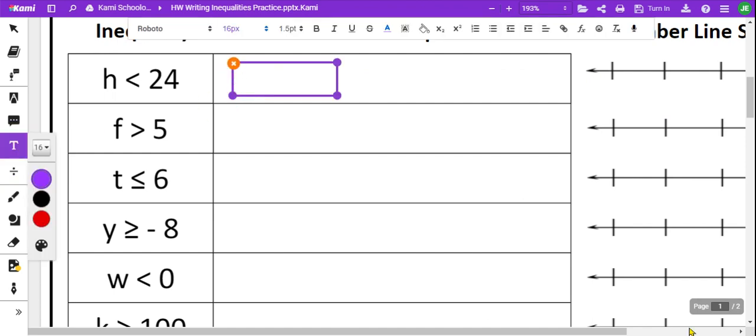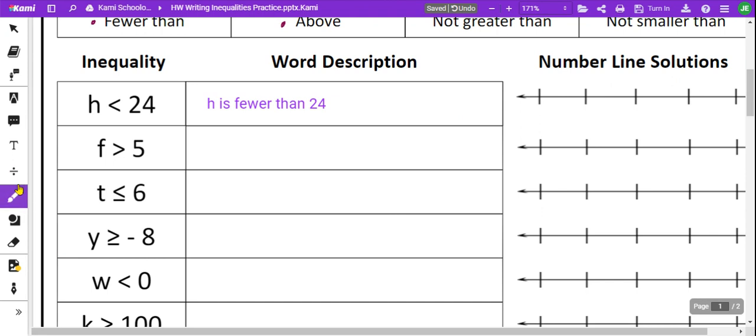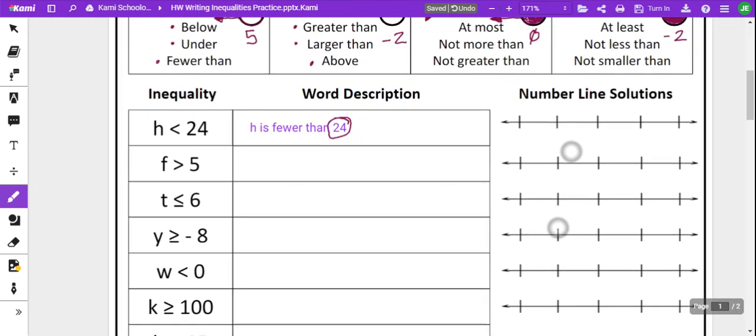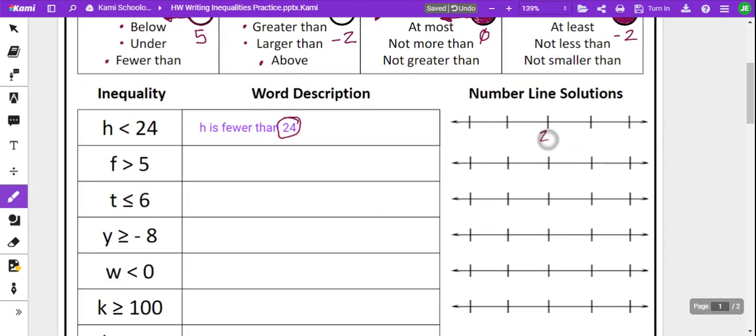So here, H is less than 24. But instead of saying less than, I'm going to choose another word from the vocab list above, fewer than 24. Now we've done a statement, H is fewer than 24. After you write the word description of this inequality, we're going to look at 24 and make a quick number line.